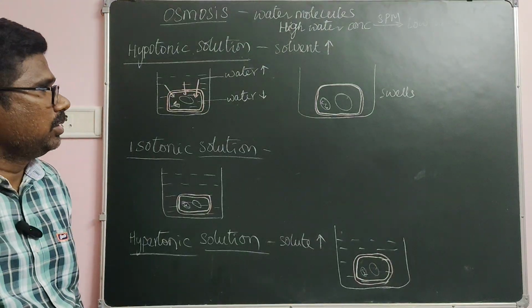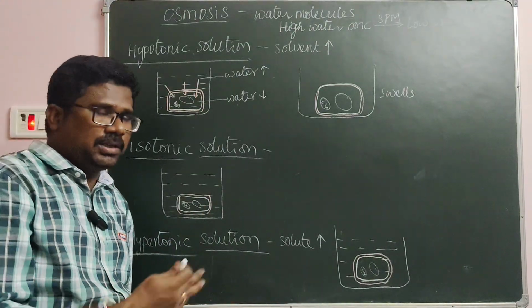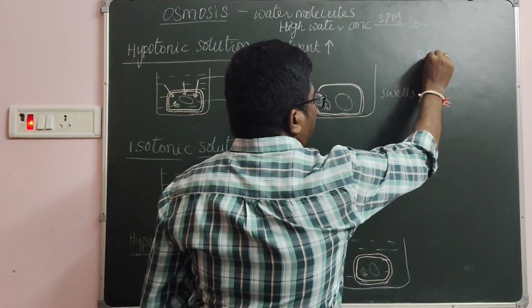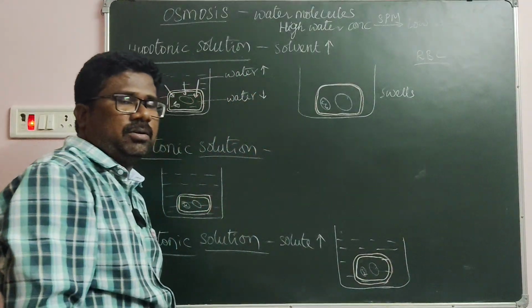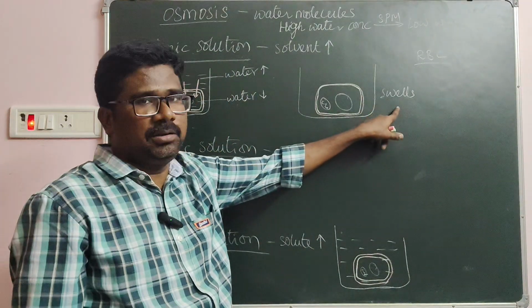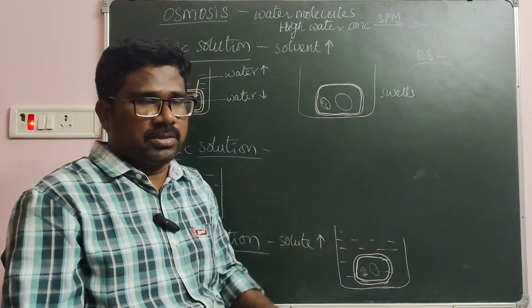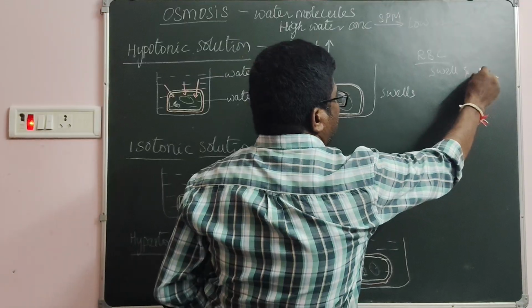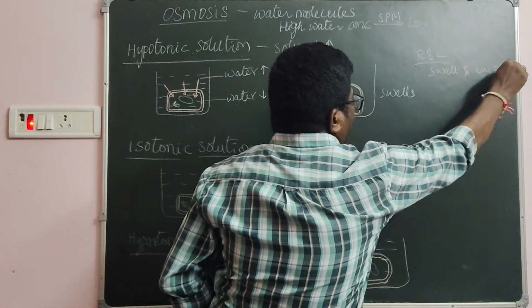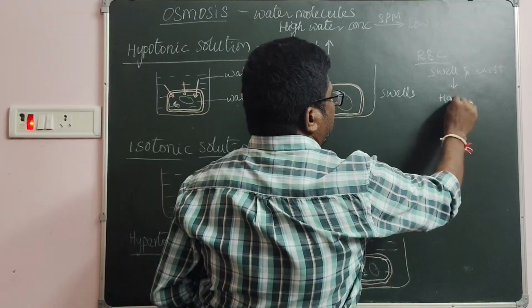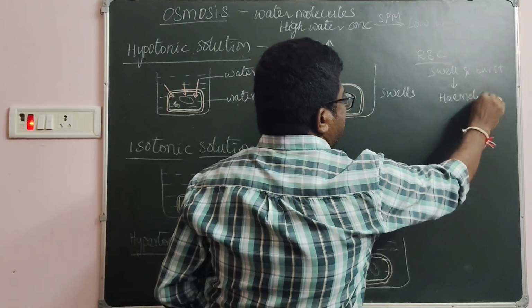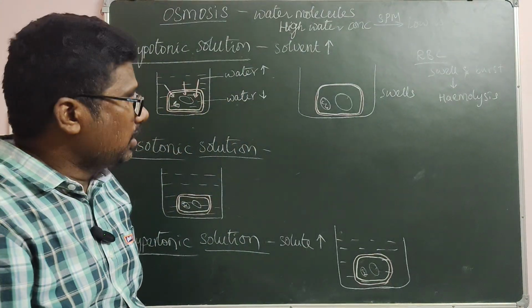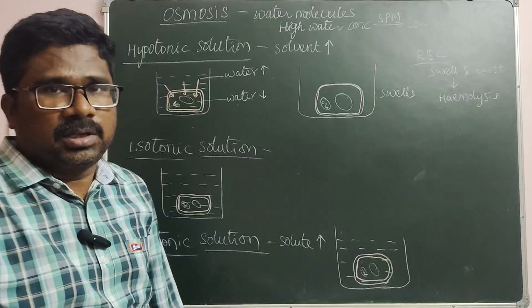This is the plant cell, whereas if it is an animal cell like RBC or other cells, they will swell and burst. This process is called hemolysis.